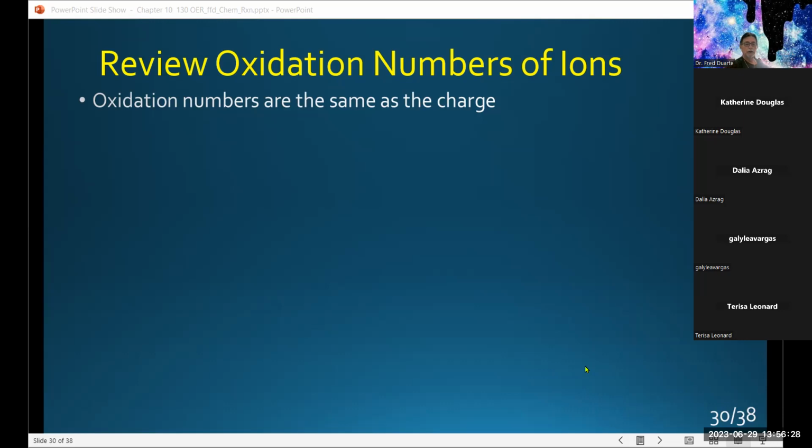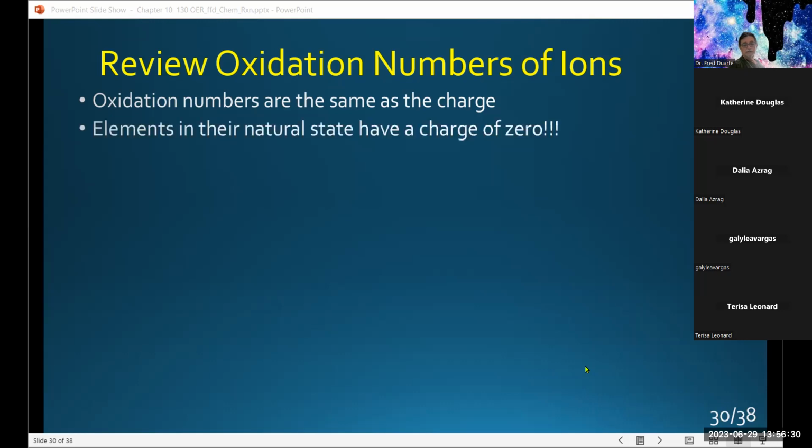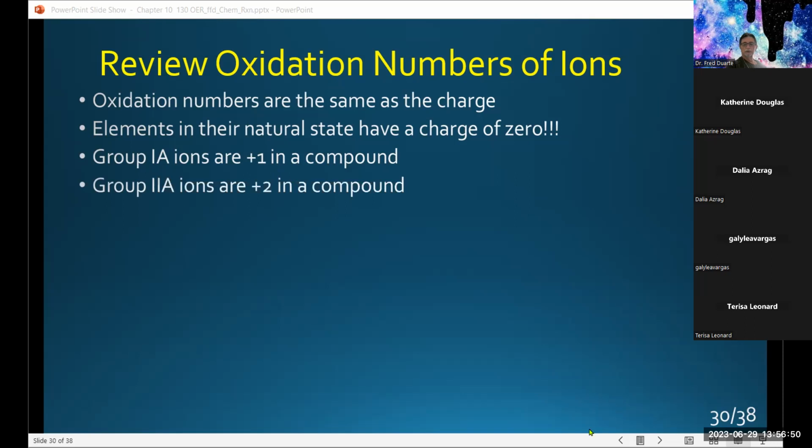Okay? So oxidation numbers are the same as the charge. Elements in their natural state have a net zero charge, as I've stated numerous times. Equal number of positive protons, equal number of negative electrons. We talked at length about the group 1 ion, which has a +1 oxidation number, group 2 +2, group 3 +3.